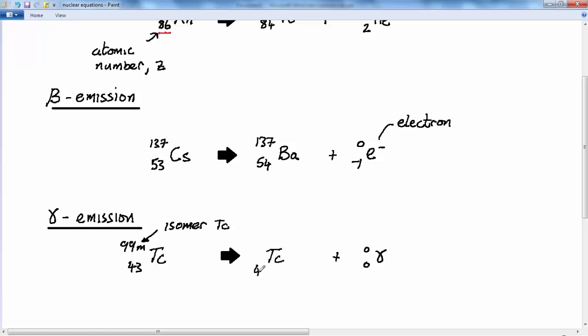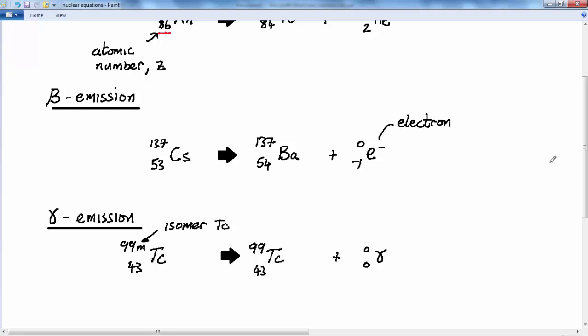Okay, the atomic number hasn't changed, but its mass number or nucleon number is now written as 99. So we've gone from this isomer to this more stable isomer. Okay, again, everything's balanced. You've got 99, 99, 0, 43, 43 plus 0. Okay, don't forget that little m there though.